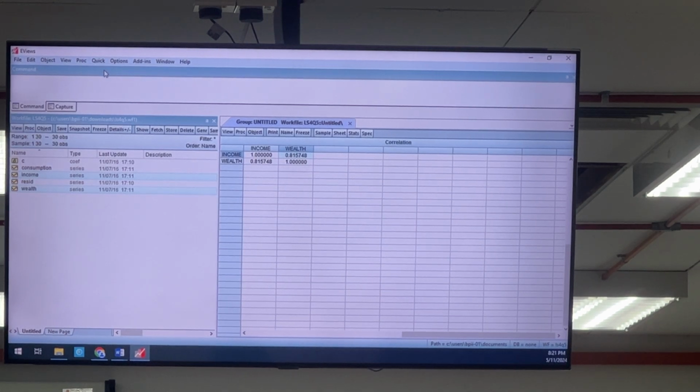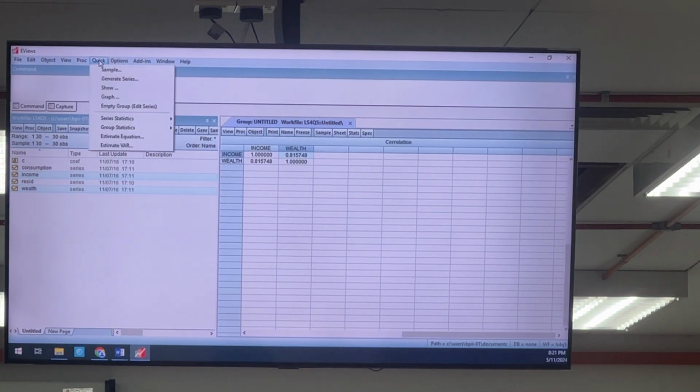You estimate the equation, meaning you go to Quick, Estimate Equation.